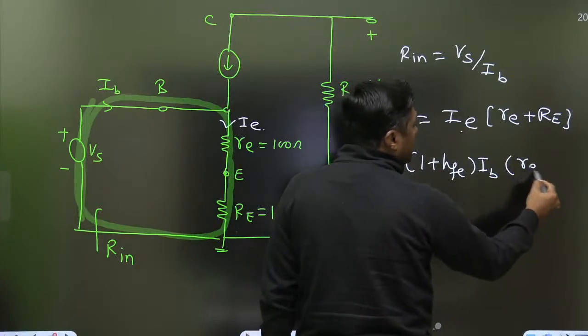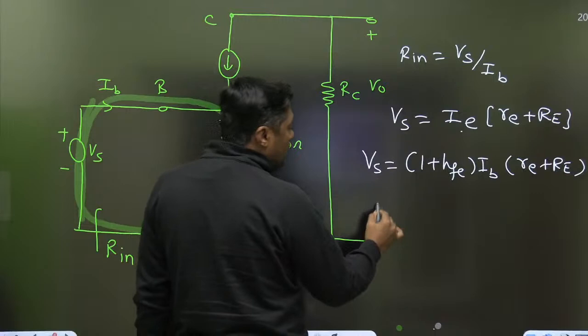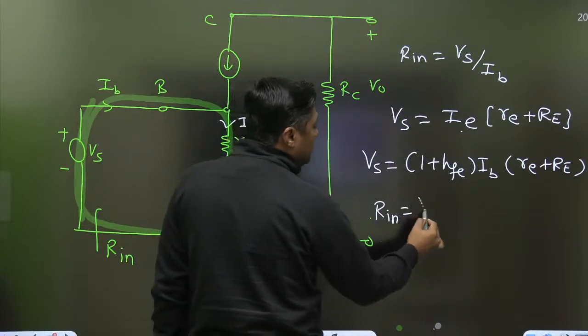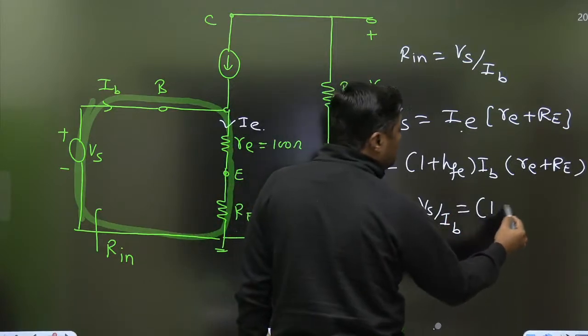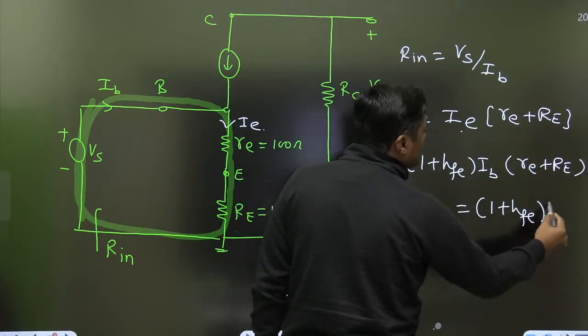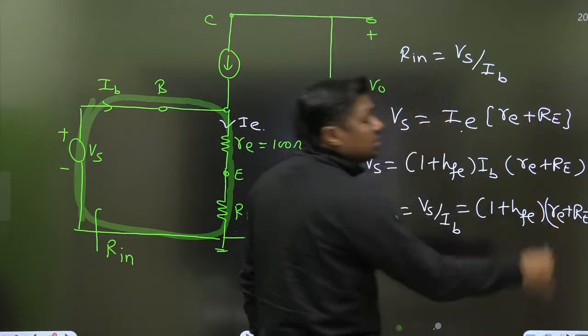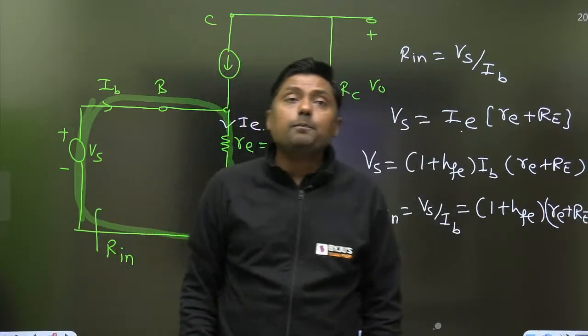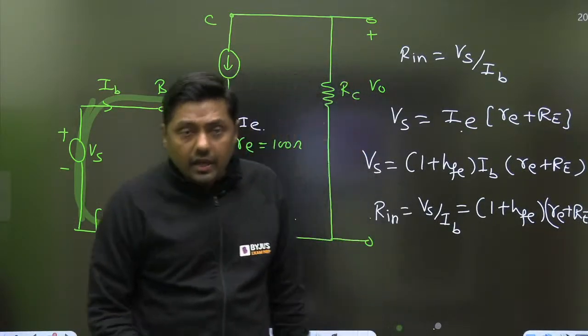Now, what is Vs by IB? Vs by IB, that is the input resistance seen by the Vs, is (1 plus hFE) times (small re plus capital RE). Remember this formula. That is the resistance. Okay guys, is this clear?